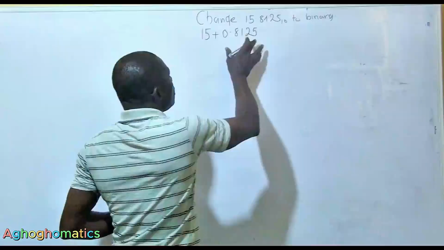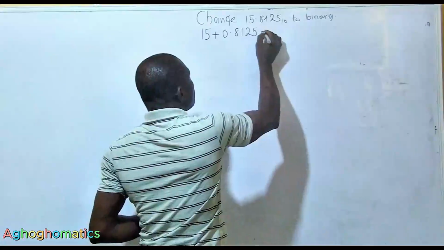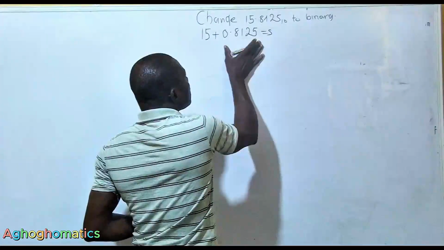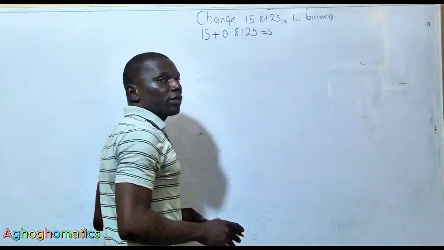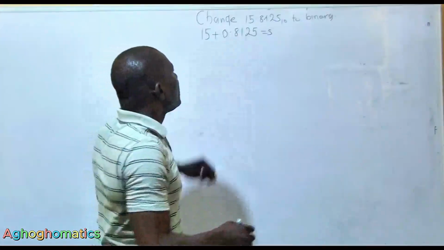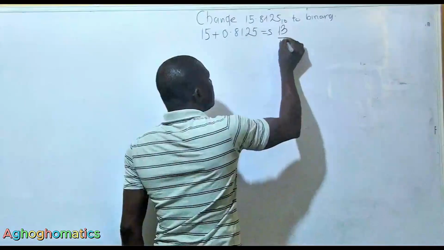Now here we used two approaches. The first one is to transform this decimal fraction into a proper fraction. So 0.8125 is the same thing as 13/16.